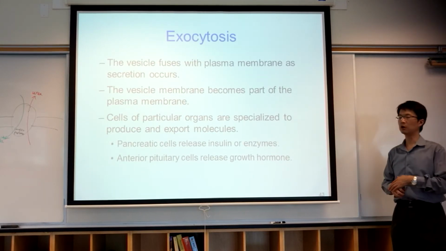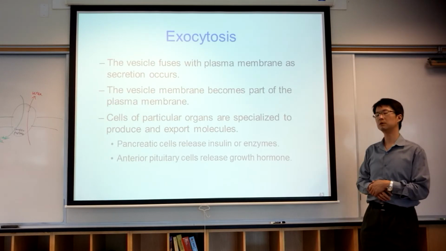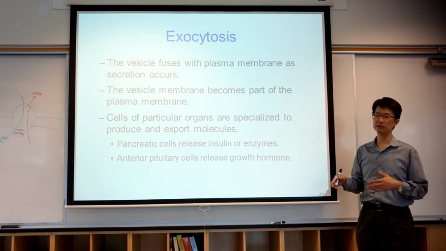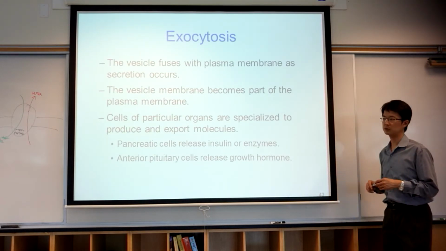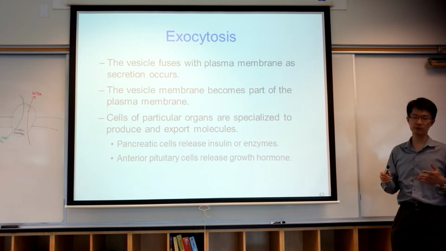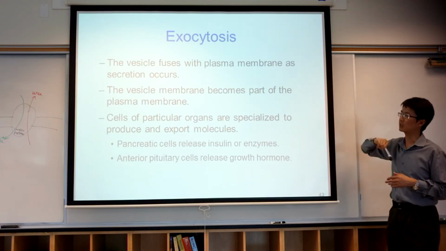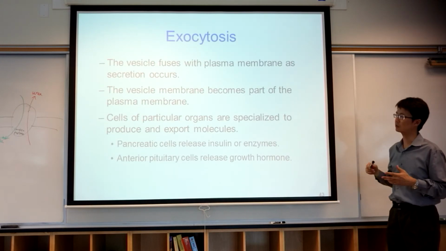So remember we talked about the endomembrane structure. I told you it's like a shipping and handling center. The Golgi apparatus is the shipping and handling center. This tells us the same thing. The exocytosis is the secretion.